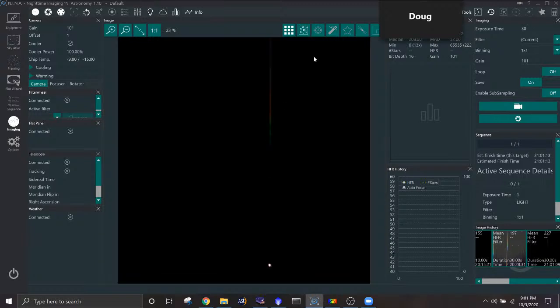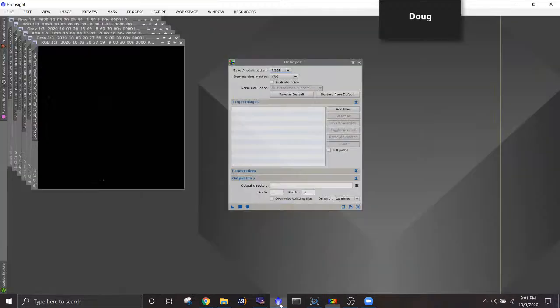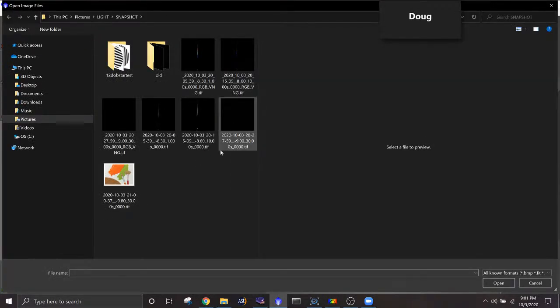Oh yeah, look at that. Of the carbon star. Okay, we got the right star. Now I have to get the color off of it.